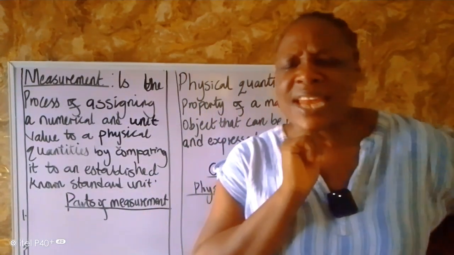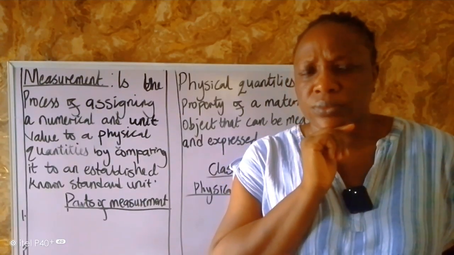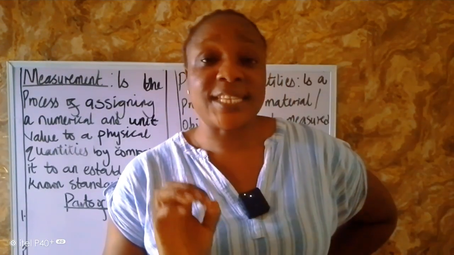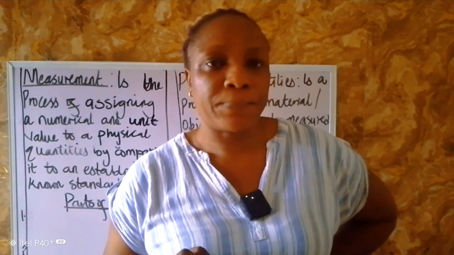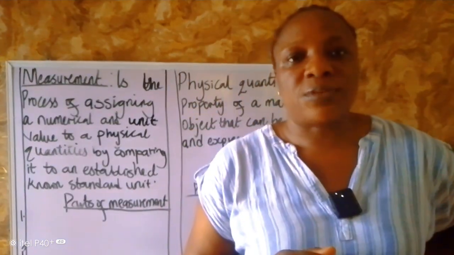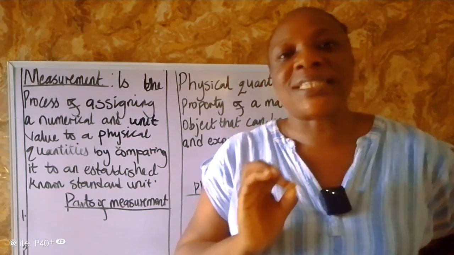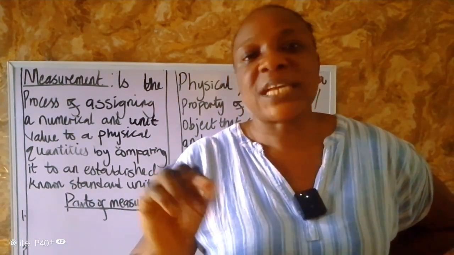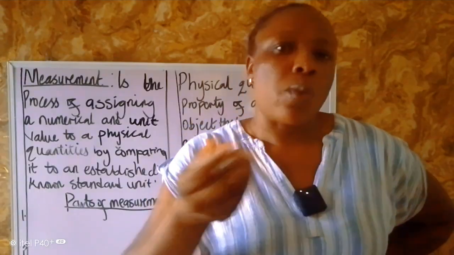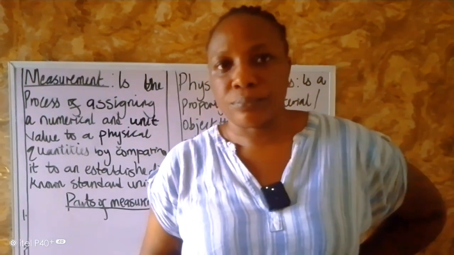So now what is a standard unit should be the question. Okay, look at it. Scientists all over the world, globally, internationally, came up together and said we should assign a name and a unit to a particular thing so that when we talk, we understand one another.